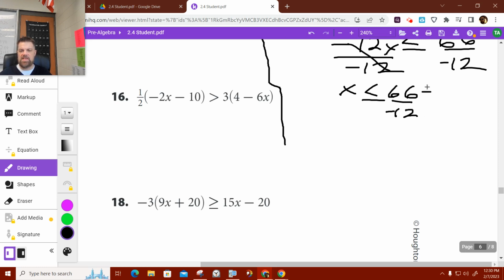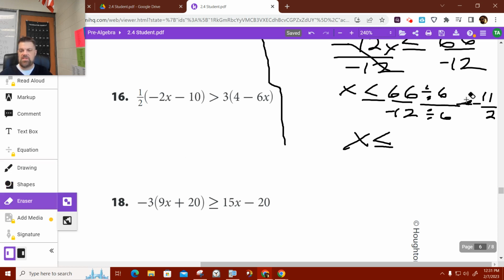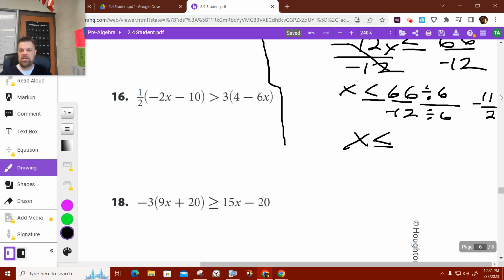Both of these are divisible by 6. So if I divide this by 6 and divide this by 6, what's 66 divided by 6? 11. What's 12 divided by 6? 2. And I just put a minus sign here because the overall thing is negative. So I get x is, oh, it's not equal to. Well, that is equal to. So this reduces down to this. So that is technically equal to. So x is less than or equal to negative.